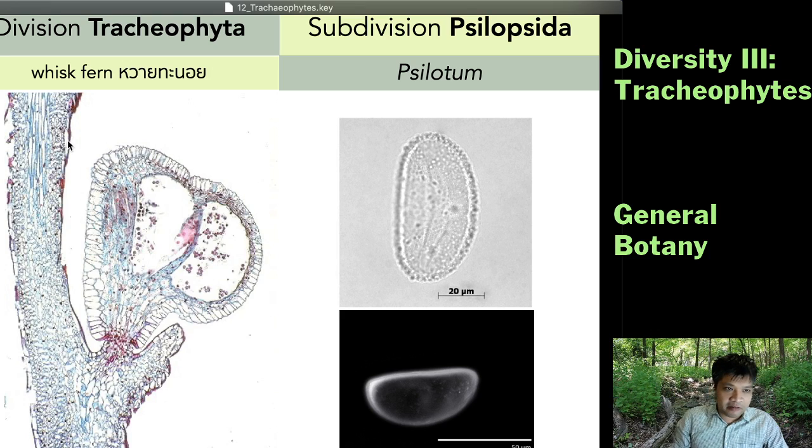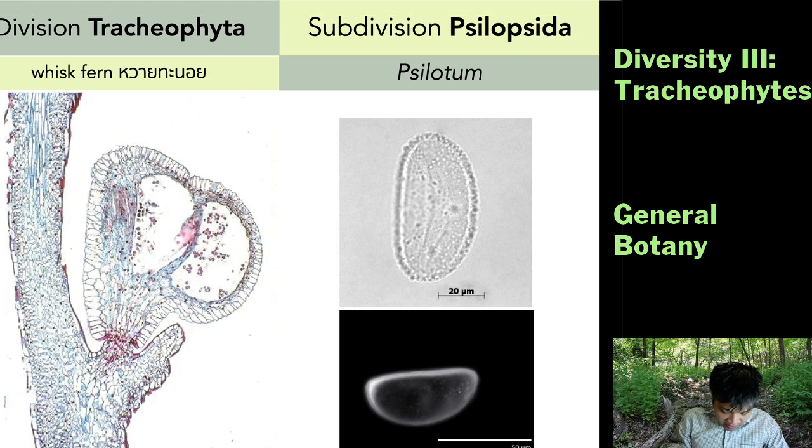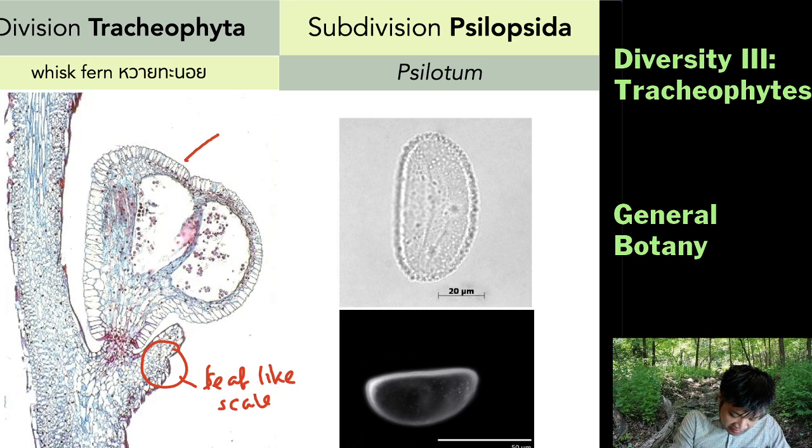If I cut a plant lengthwise, you see that this is the leaf-like scale, and this is the sporangium or the synangium that we talked about earlier. The sporangium has multiple chambers in there, and inside of this are the spores.